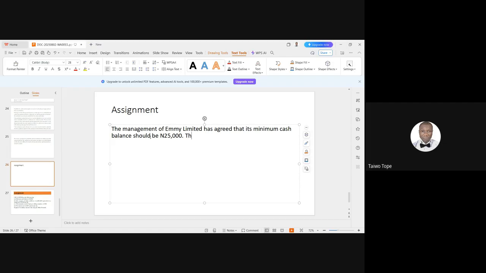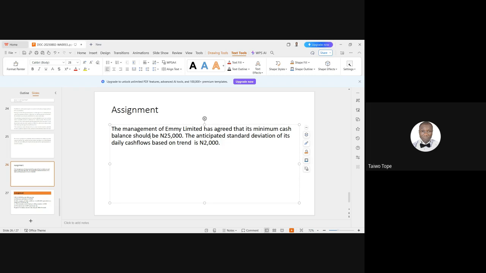The anticipated standard deviation of its daily cash flows based on trend is 2,000 naira.